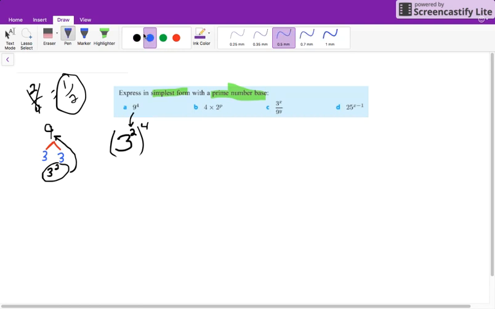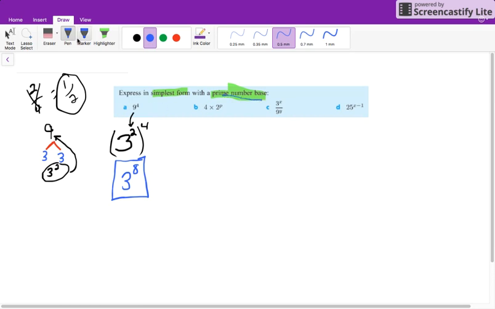Then our index laws, power to a power, we will multiply. That gives me 3 to the 8th power. That's all that we need to do for that one. It just says write it in simplest form with a prime number base, so we don't want to actually evaluate what 3 to the 8th power is, because we want to leave it with a prime number base.